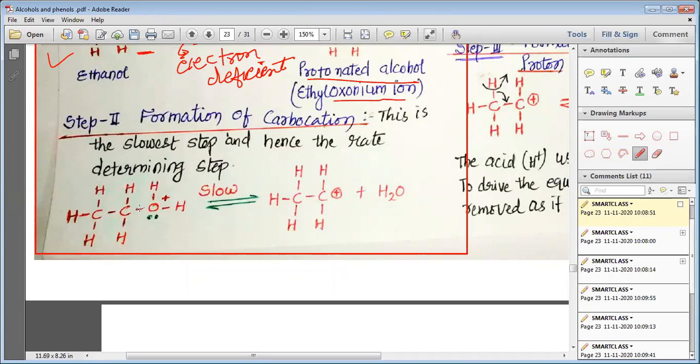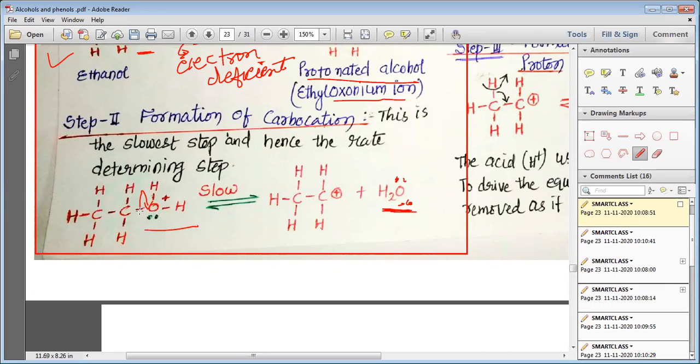In the slow step, this bond is broken and both the electrons of this bond go to oxygen. This is how we can show that there will be 4 electrons present on the oxygen of water. You can see here. And this H2O is removed as a complete molecule.